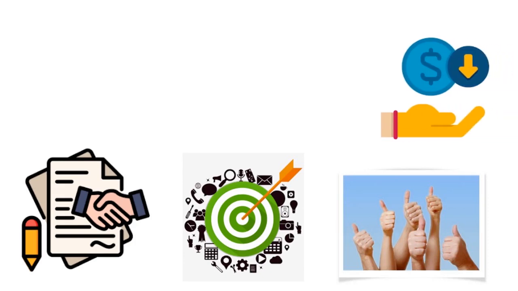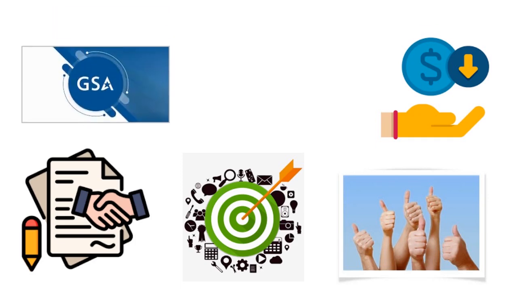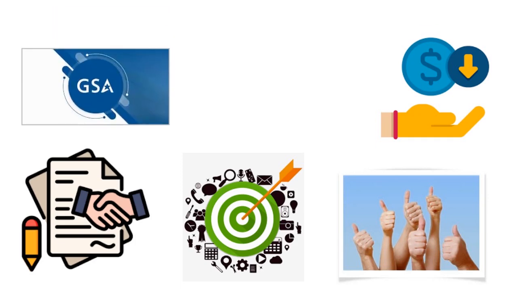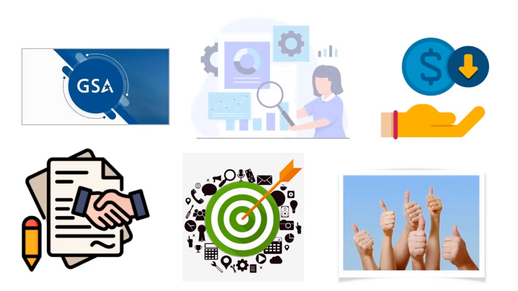So what you want to do here is thoroughly review the FAR and GSAR requirements for GSA schedule pricing and discounting. You also want to conduct comprehensive market research to determine the prevailing government contract rates for your products or services. You want to develop a pricing strategy that aligns with the GSA's guidelines for establishing most favored customer pricing. That's what you want.